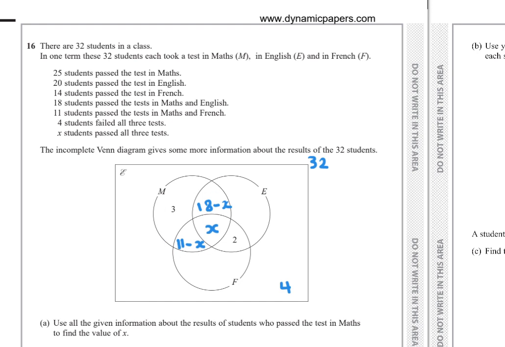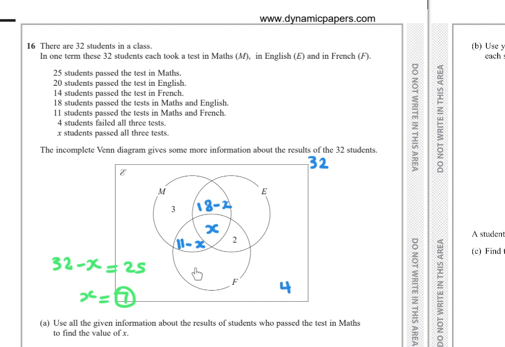Now add the numbers first. 3 plus 11, 14. 14 plus 18, 32. Negative x and x cancel, so we have 32 minus x equals 25. So x equals 32 minus 25, so 7. So x equals 7.